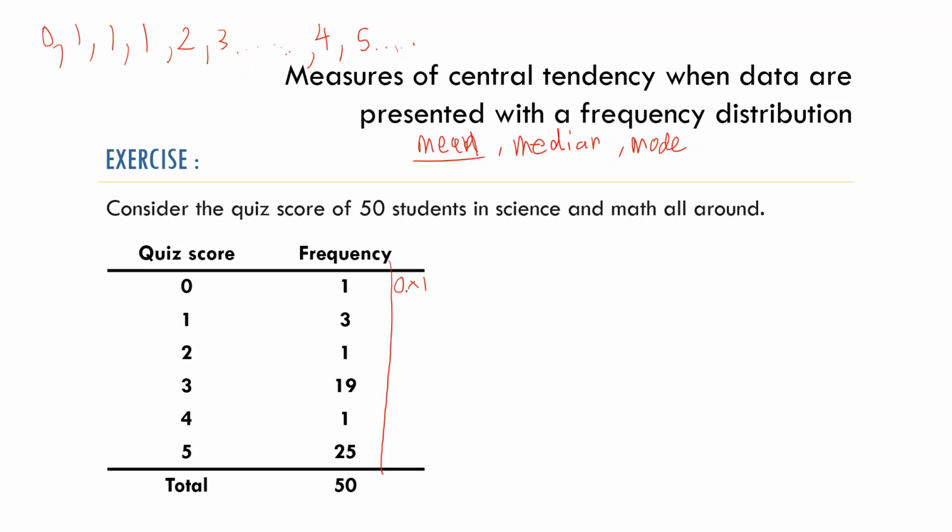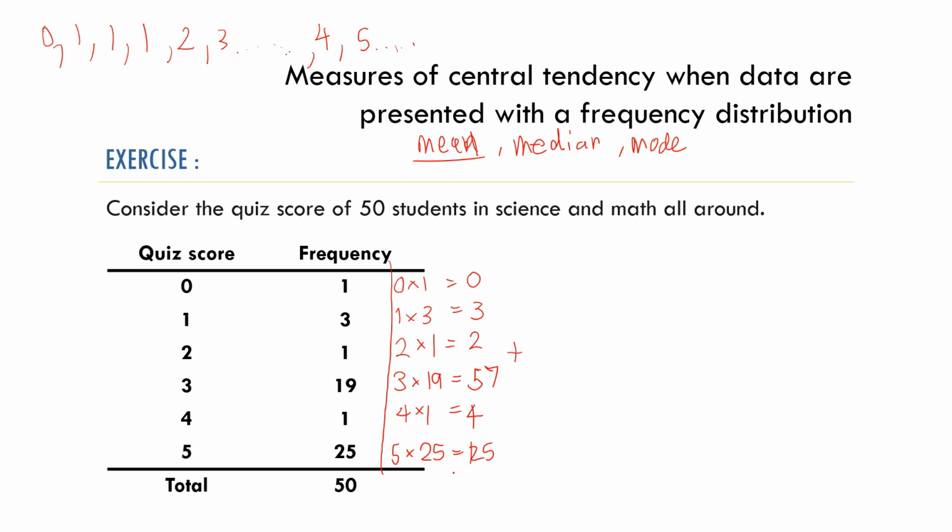So this one, 0 multiplied by 1 equals 0. 1 multiplied by 3 equals 3. 2 multiplied by 1 equals 2. 3 multiplied by 19 should be equal to 57. 4 multiplied by 1 equals 4, and 5 multiplied by 25, which is 125. Okay, and now you have to combine.